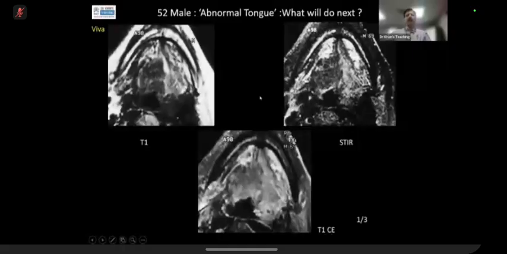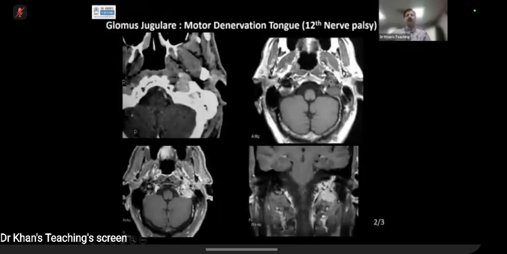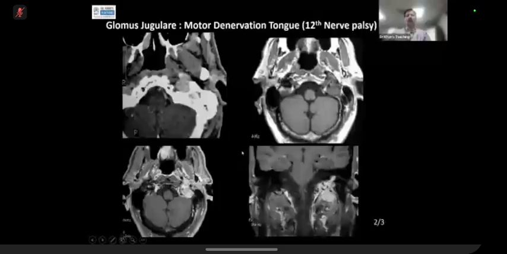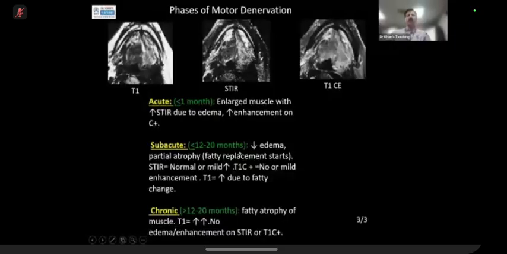So there might be a lesion at the base of the skull which can cause motor denervation. In this particular case, there was again a glomus jugulare causing it. As soon as the 12th nerve comes out of the hypoglossal canal, it is in the carotid space. So, of course, this was an infiltrative lesion which caused its denervation.